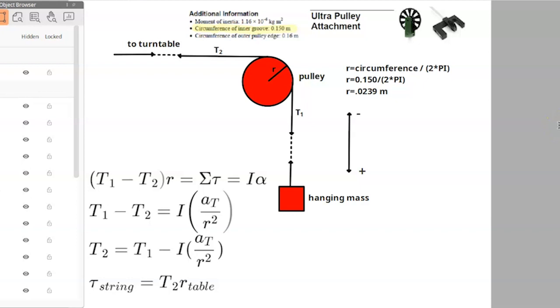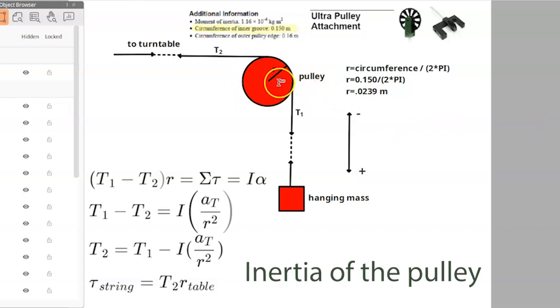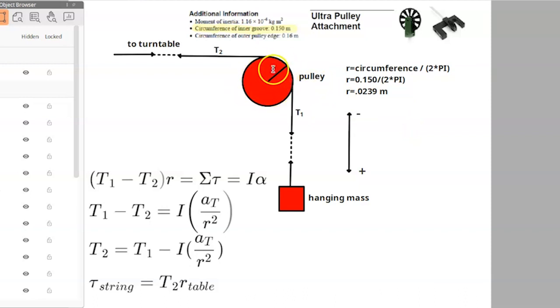Another common response for the reason for percent error is we forgot to include the inertia of the pulley. If we don't include the inertia of the pulley, what that is saying is that the tension in the string here is the same as the tension in the string here.